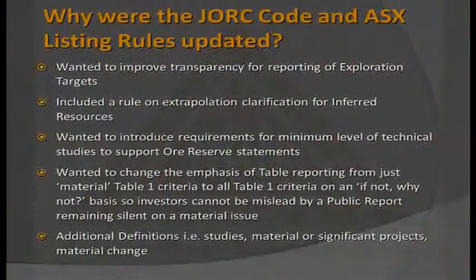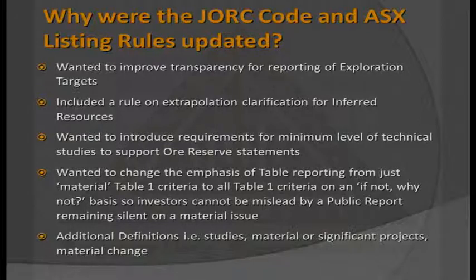Certainly one area that also needed improvement was transparency for reporting of exploration targets, and we'll learn more about that today. So really getting the understanding of what was the supporting information behind an exploration target statement, and indeed what sort of target we were talking about, an aspirational target or a pre-resource target, where both ends of the spectrum are relevant.